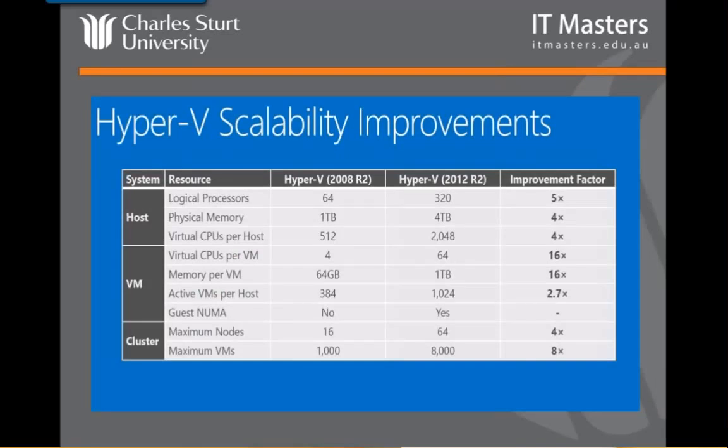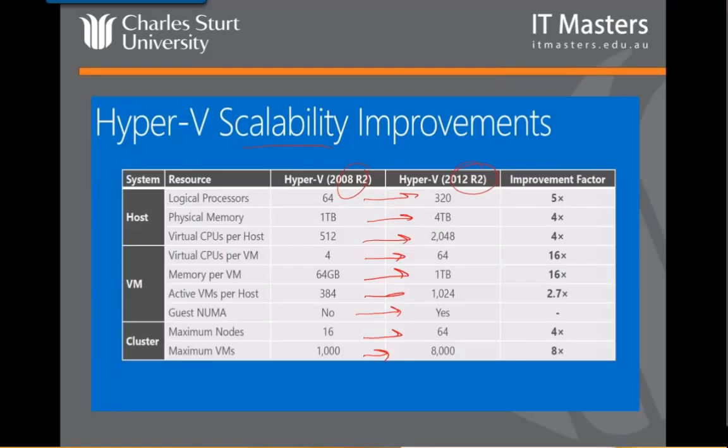And here are the numbers. Based on scalability, this is Hyper-V 2008, 2012. Microsoft did improve a lot. If you remember at week 1, I compared Hyper-V 2012 versus VMware. As you can see, Microsoft has really nice growth.